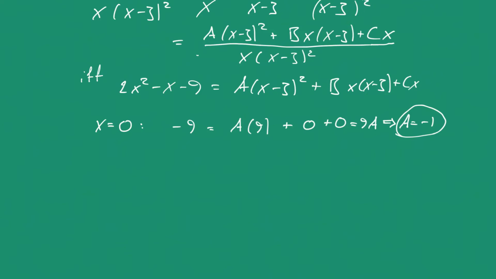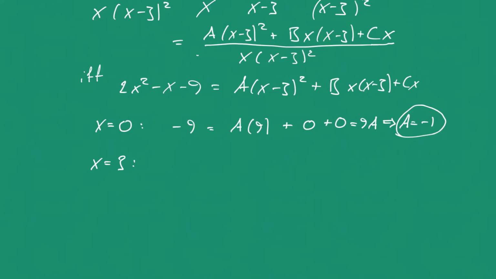So another good choice of points is x equal to 3, because when x is 3, this term will become 0, and this term will become 0. Okay, so taking x equal to 3 now, on the left-hand side, what are we going to get? We're going to get 2 times 3 squared, that's 18, minus 3 is 15, and minus 9 now is equal to 6.